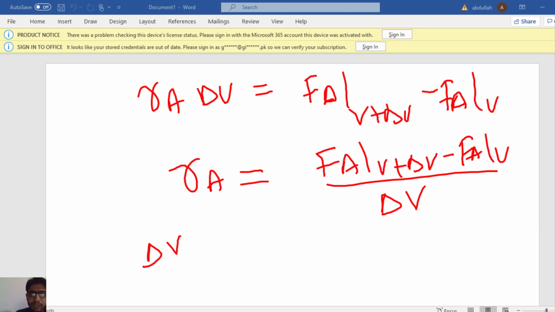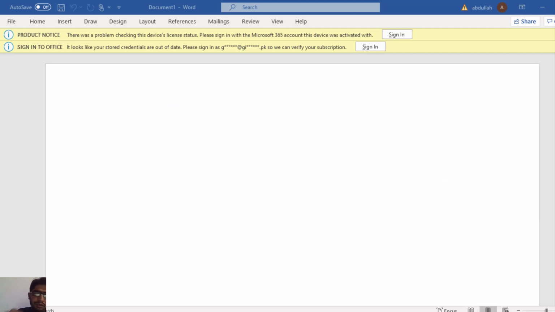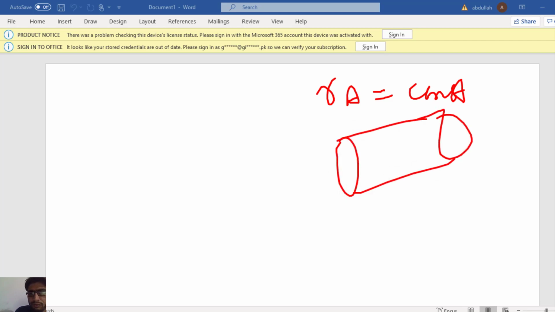Now in the plug flow reactor we have some assumptions. One assumption was that RA is constant. The other assumption was that the flow is turbulent, with a quite flat velocity profile.